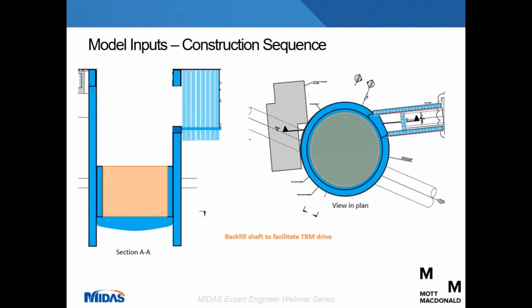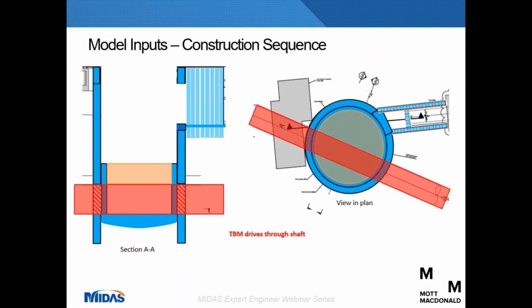The shaft is then backfilled up to that level that the secondary lining has been cast to facilitate the TBM to drive through the shaft and form the openings in the diaphragm wall.